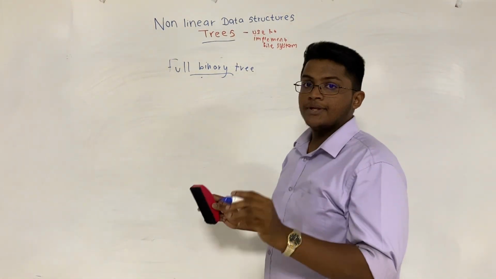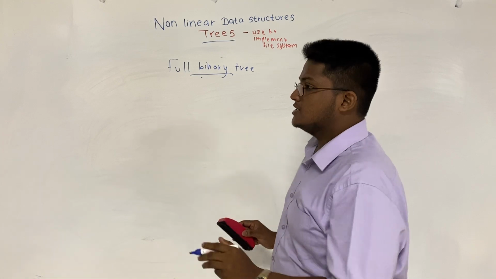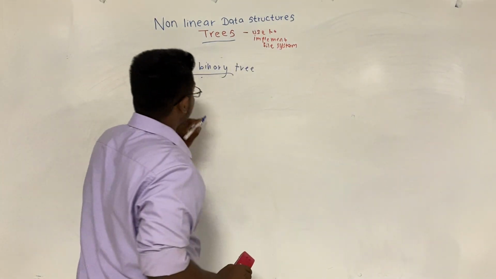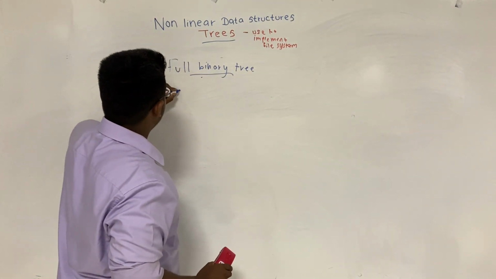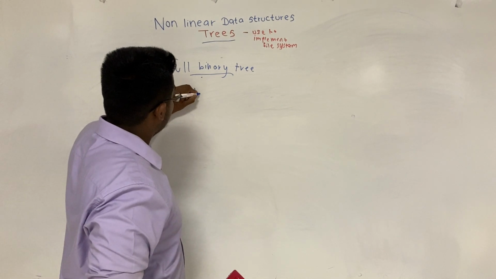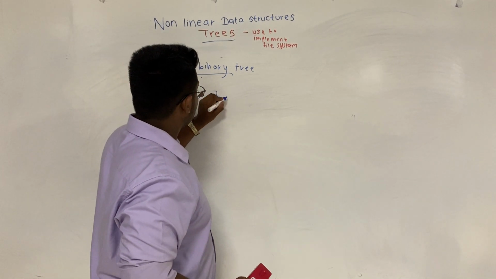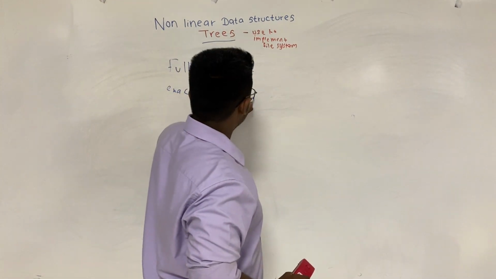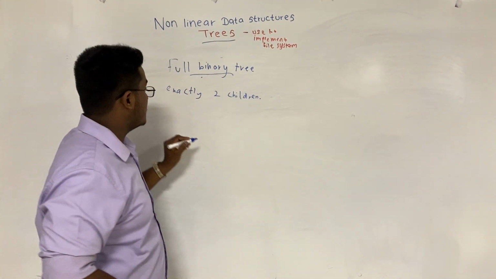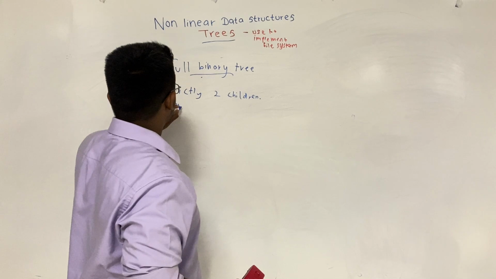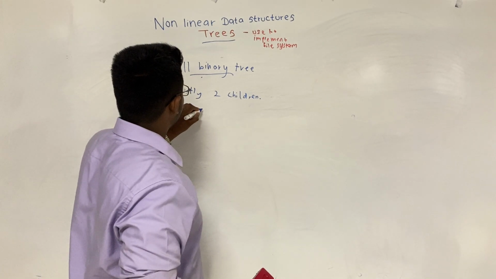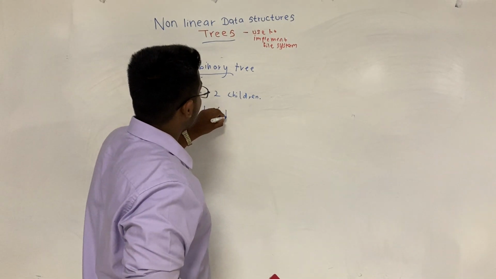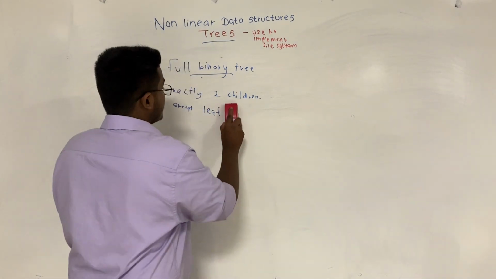A full binary tree is where each node has exactly two children except leaf nodes, right?